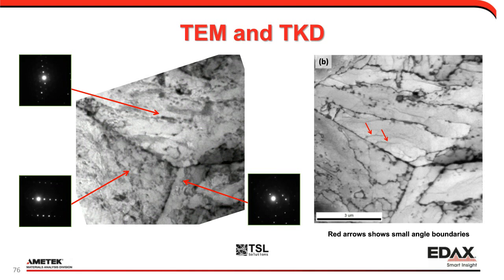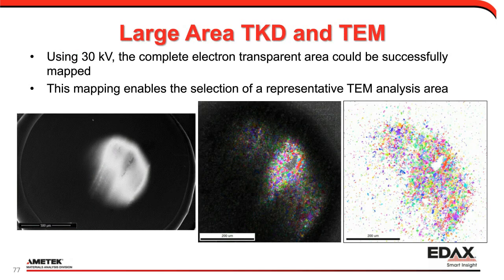And then, thinking of not only going to specific grains, we can think about going the other way and saying, let's look at an electron transparent area of the sample at lower magnification. Over that scale, where the scale bar is in hundreds of microns, we can get grain maps of lots of different grains within a TEM specimen.